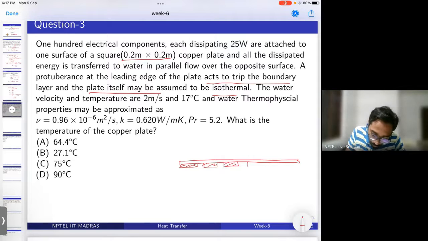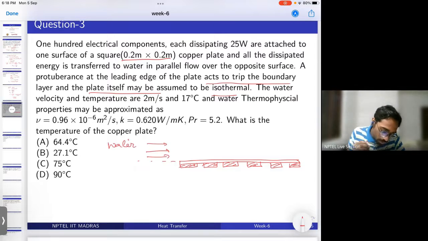This is just a representation. The 100 devices are placed on one side of the plate, and over the opposite side water is flowing. Water at 2 meter per second and 17 degrees Celsius is flowing over the opposite side of the plate.